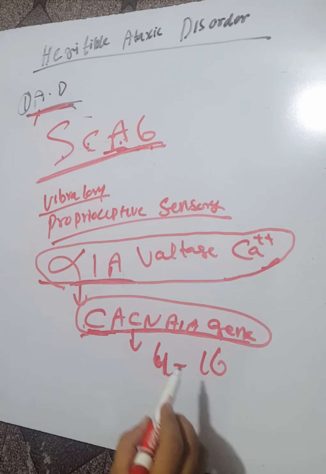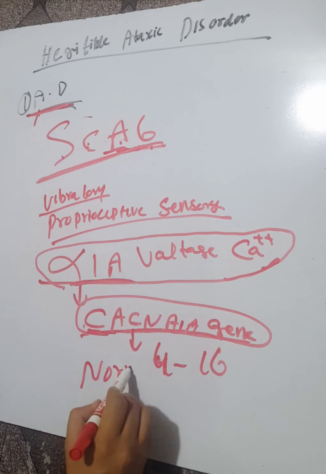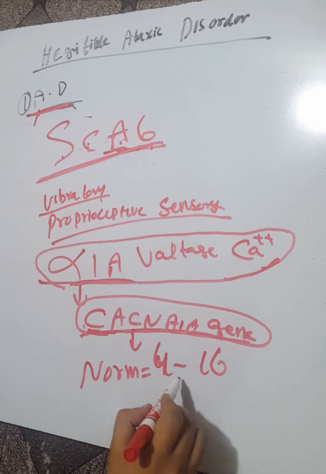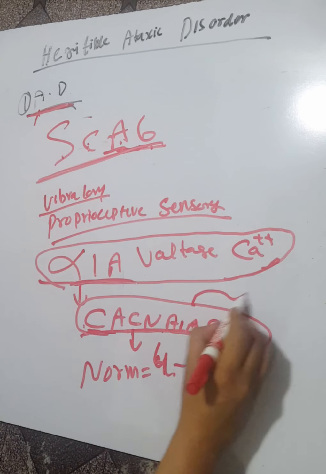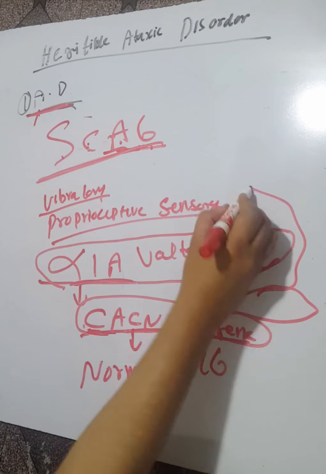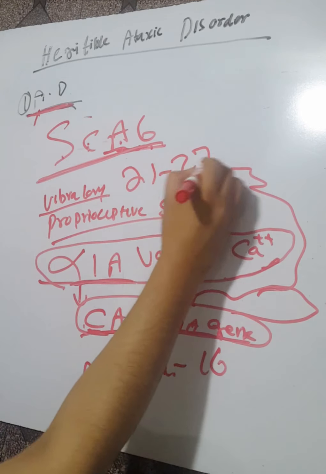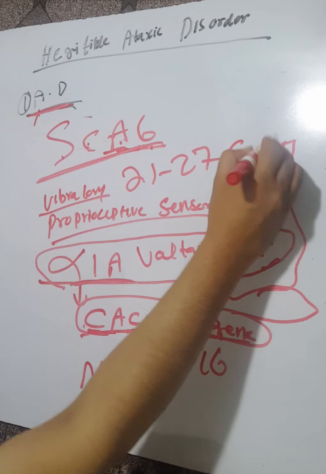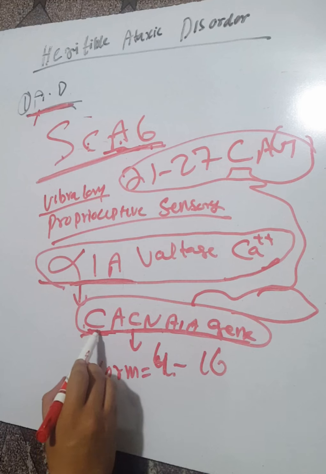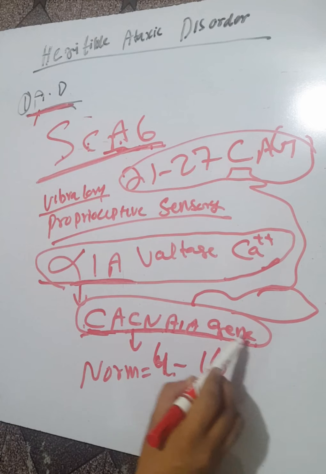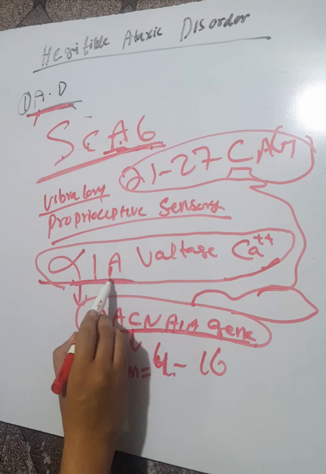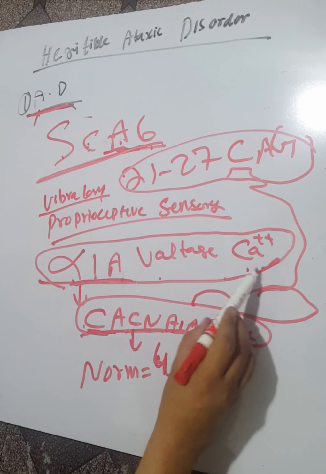But when mutation occurs, the repeat sequence increases, and there are 21 to 27 CAG repeats in the gene.